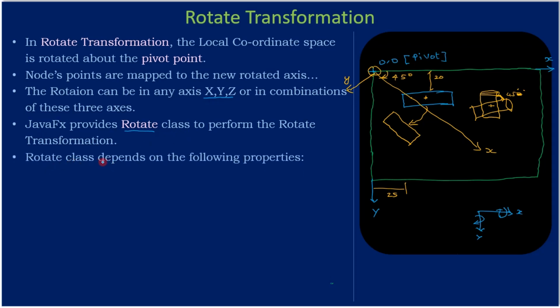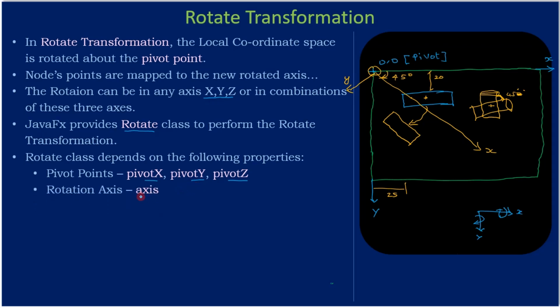The Rotate class depends on the following properties. The pivot point. As already told, the rotation is based on the pivot point, and you can specify the pivot point in a three-dimensional space using the pivotX, pivotY, and pivotZ properties.